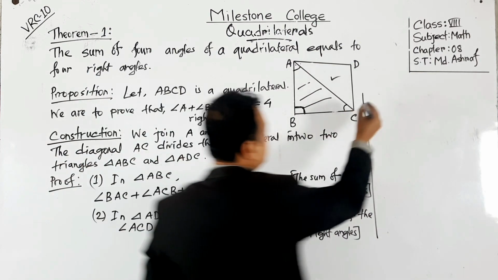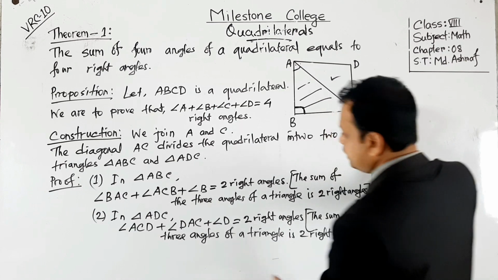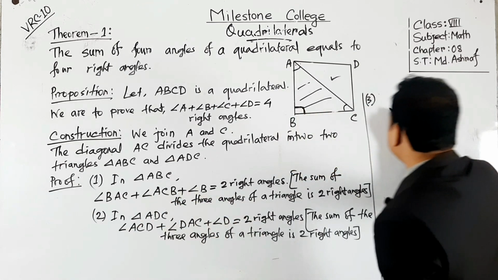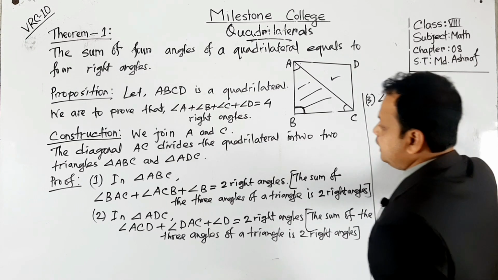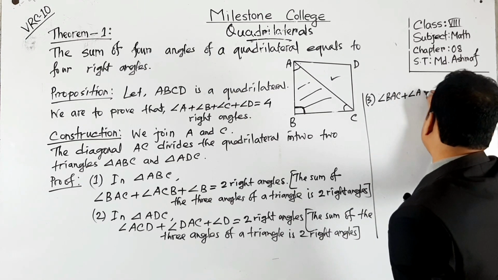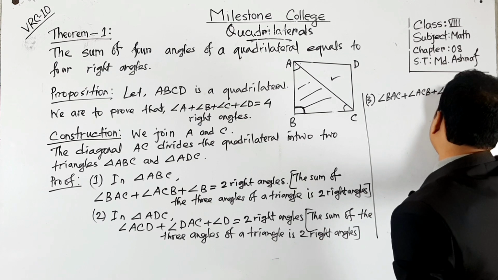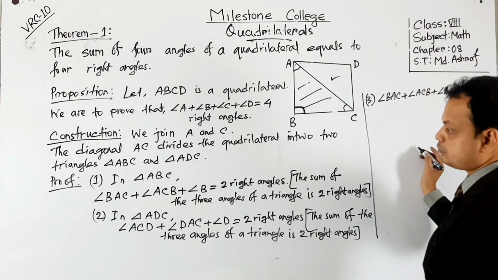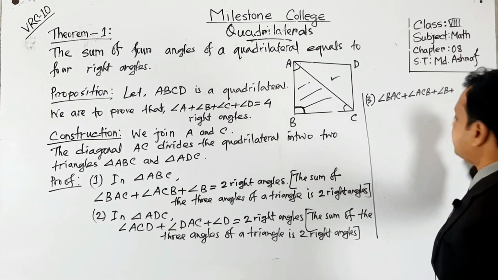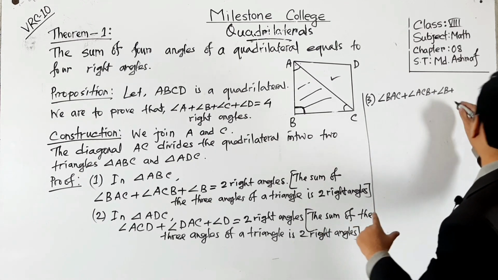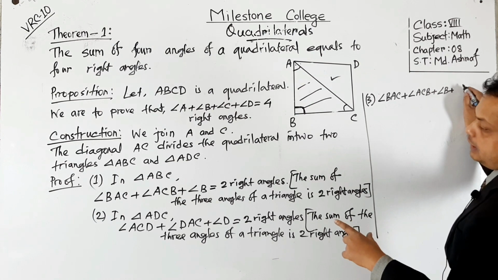So we write it as number 3. First, these three angles' sum: angle BAC plus angle ACB plus angle B. Because there is very little space, I write another thing here, angle ACD.